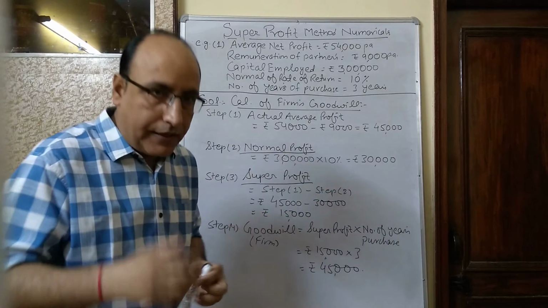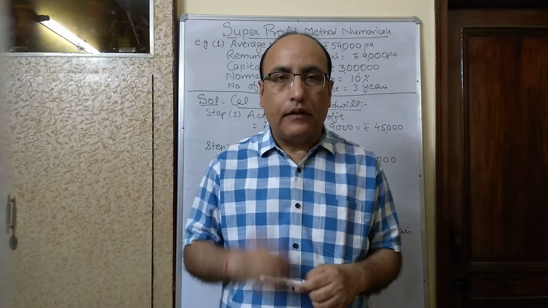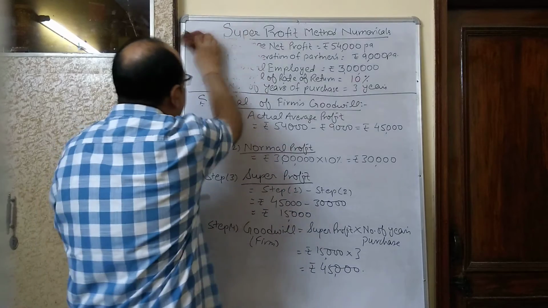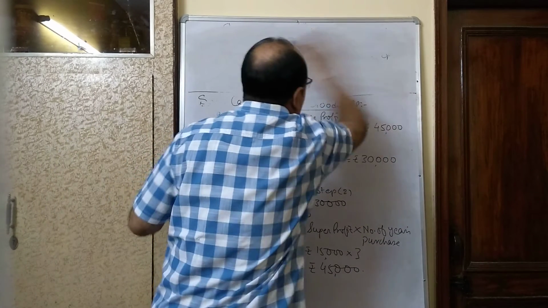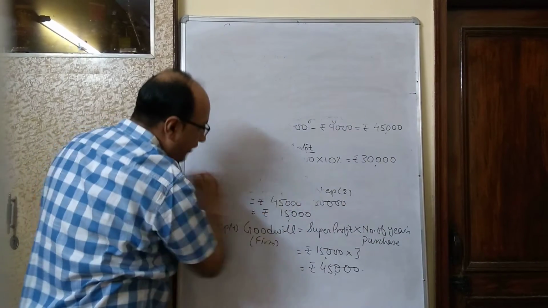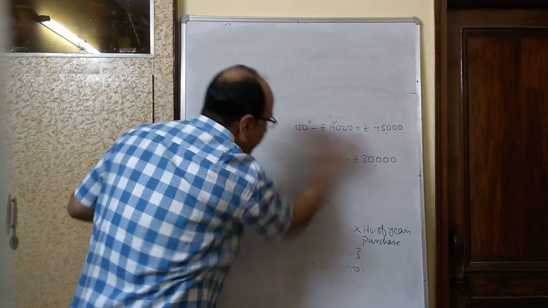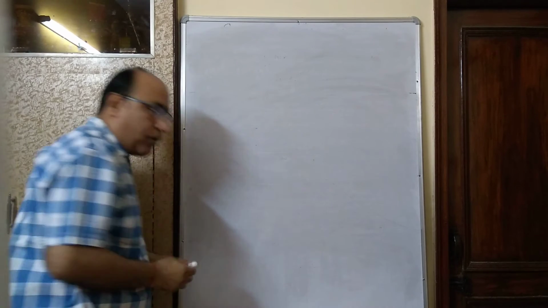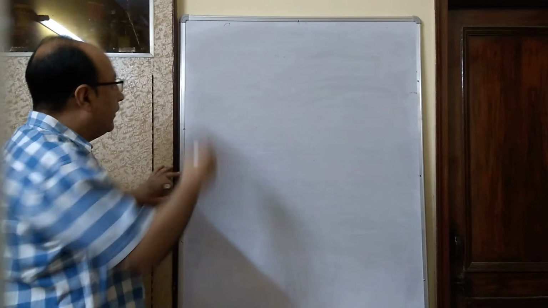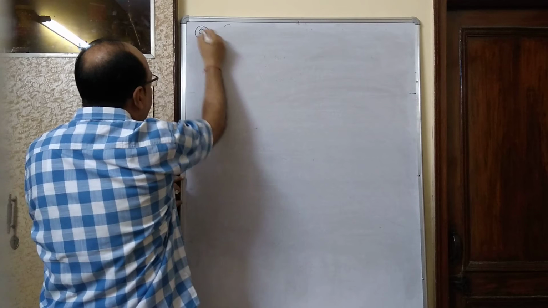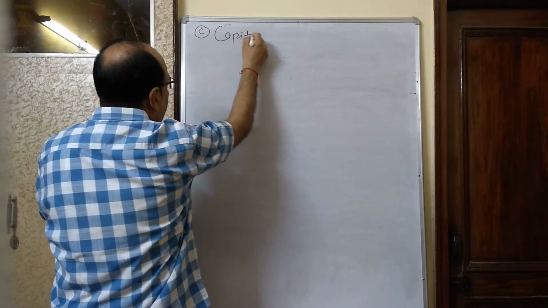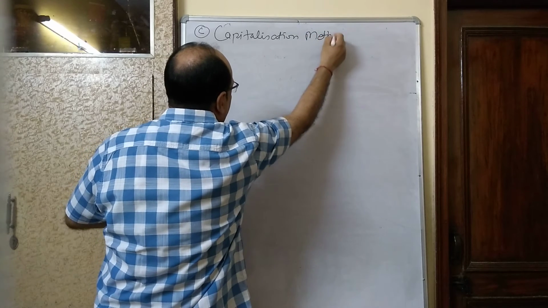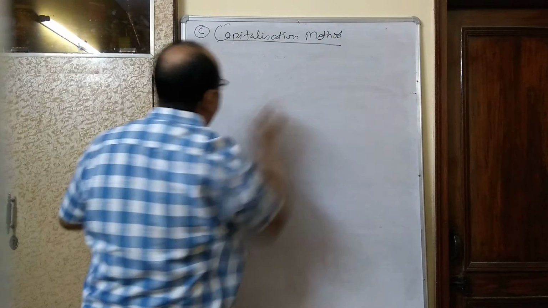Today, I will take the last method of goodwill, that is the capitalization method. So let me clear the board first. Now, when we talk about the capitalization method, it is a combination of the two we discussed today and in the previous class, that is super profit and average profit. So let me discuss the third method, the capitalization method.